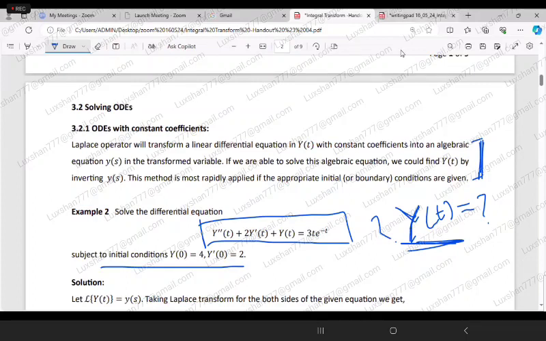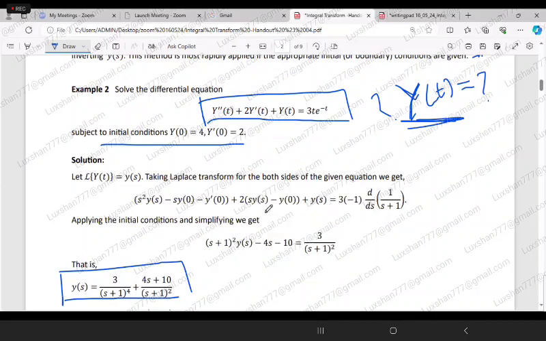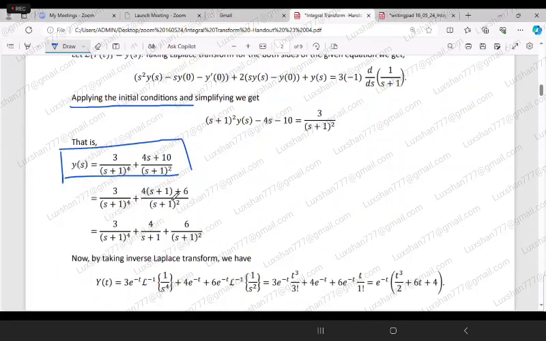So now what we have done, we have taken the Laplace transform on both sides and simplified it, applying the initial condition here, and we are getting this equation. Then if we take the inverse Laplace transform of Y(s), that will be equal to our capital Y(t).